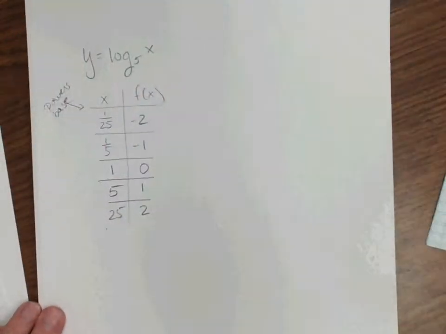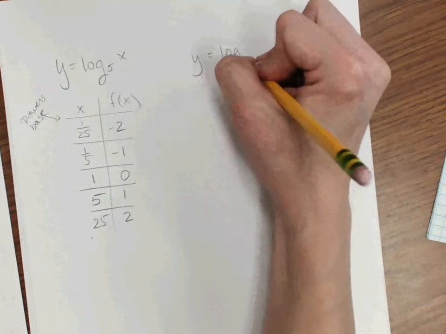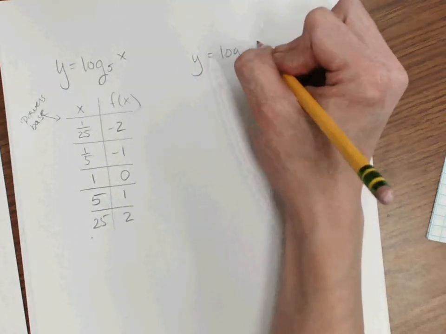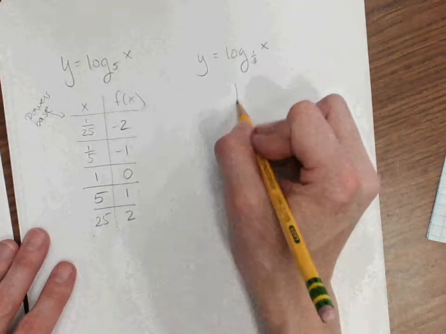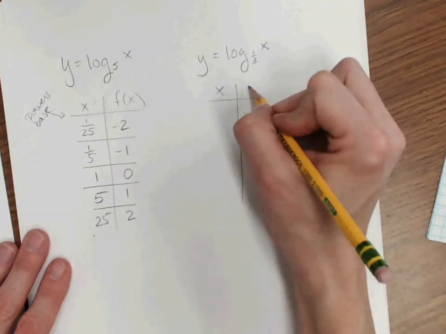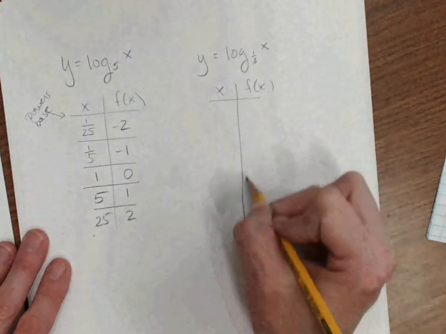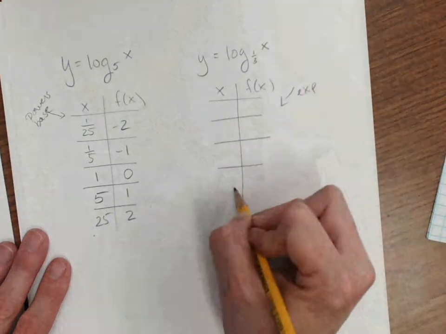Let's look at one where we've got a fractional base, because you might see something like that. Let's say log base 1/3 of x. Right, so now we're looking at powers of 1/3. Another way, rather than listing your powers, it might help if you just list, and remember these sides are your exponents, right? You could list your y's out first.